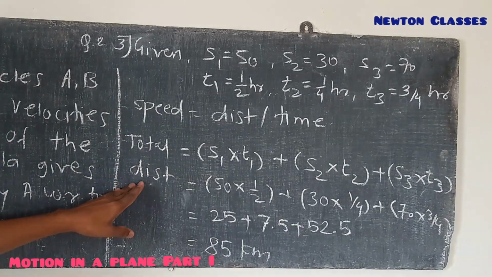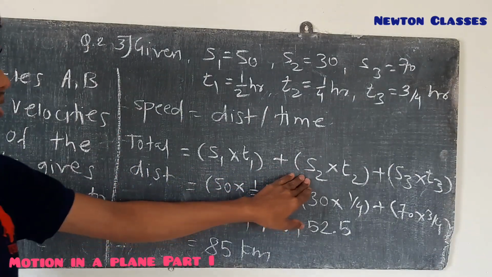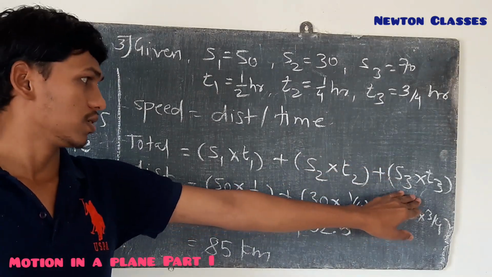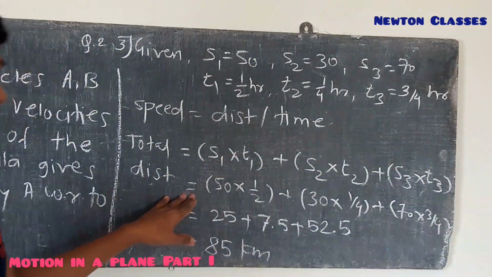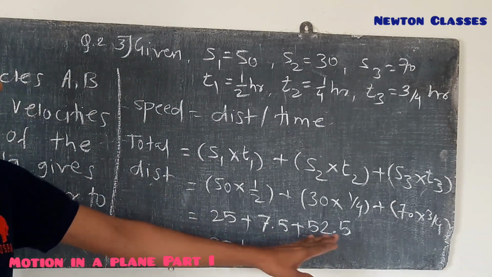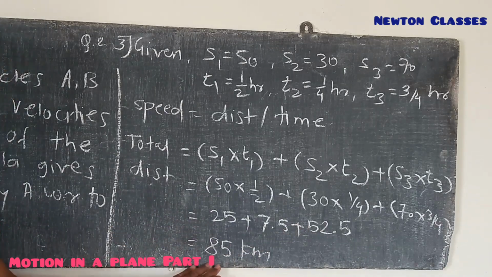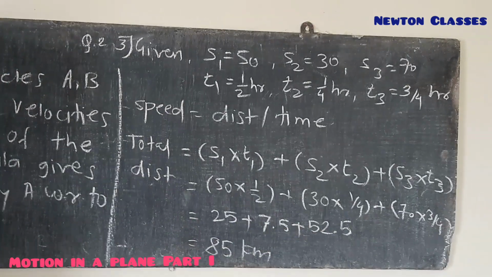Therefore, total distance is equal to s1 into t1 plus s2 into t2 plus s3 into t3. By putting these values we get 25 plus 7.5 plus 52.5, and we get total distance equal to 85 km.